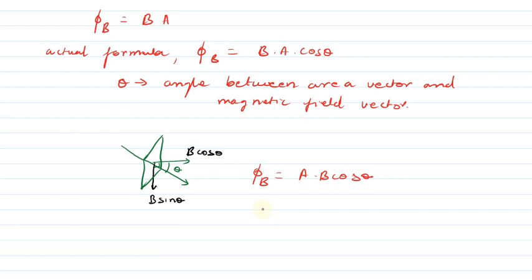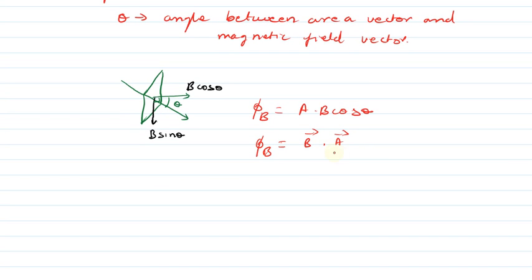Also, in vector form it can be written as the dot product of the magnetic field vector and the area vector. As we know that this dot product always gives a scalar quantity, the magnetic flux is also a scalar quantity.